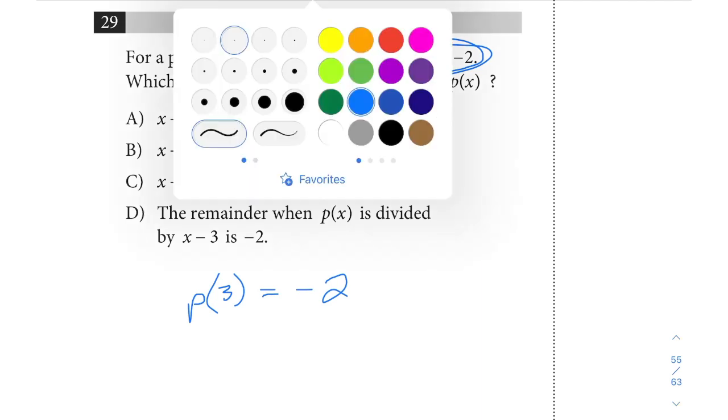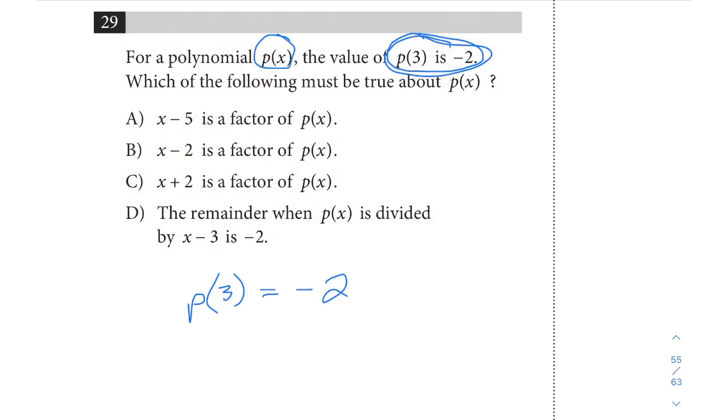So here's what we want to understand is that this value that you see here is going to be indicative of your remainder when you're plugging in this value that you see here inside of your function in place of x.